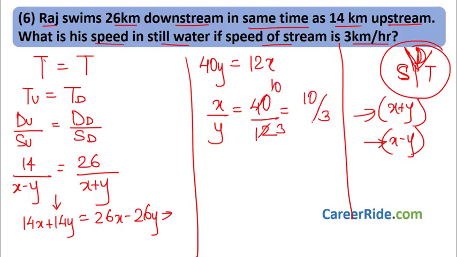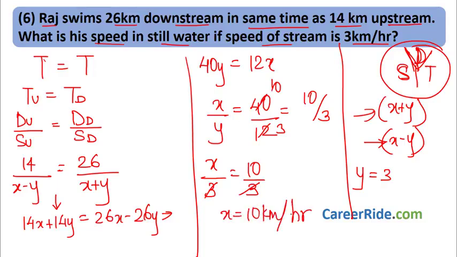Now what they have given is speed of stream is 3 kilometers per hour, so y is 3. So x upon 3 would be equal to 10 upon 3. This gets cancelled. x equals 10 kilometers per hour. This is the speed of Raj in still water.